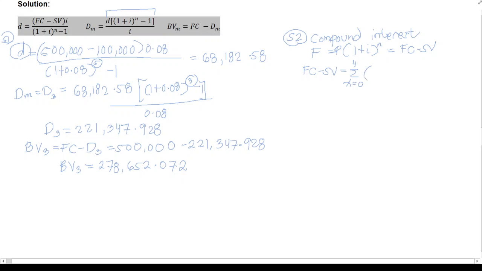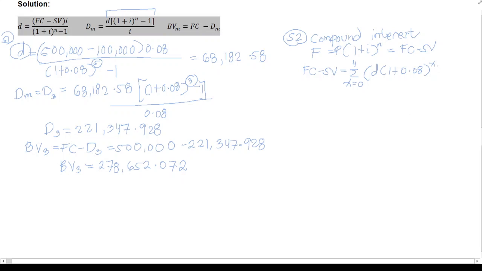Okay, so that is multiplied by the depreciation, which is the present worth. Multiplied by 1 plus the interest rate, which is 0.08, and then that is raised to x already. The limit for that one is 0 years until the fourth year, so that is equivalent to 5 years.